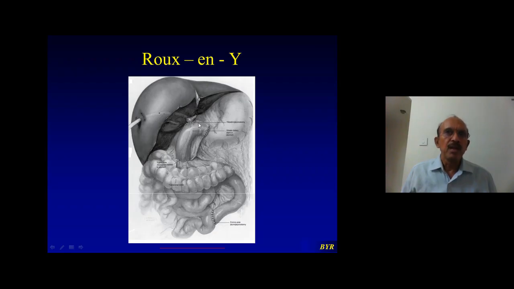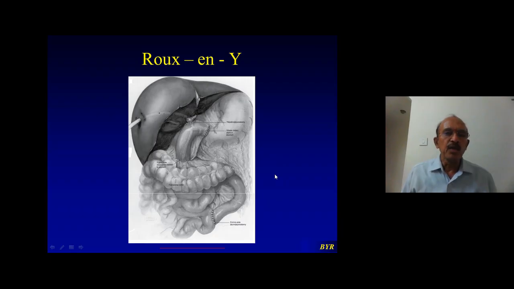So usually the jejunal end is closed, a side opening is made, and the bile duct or hepatic duct is anastomosed to the jejunal loop. Is it clear? Roux-en-Y anastomosis.